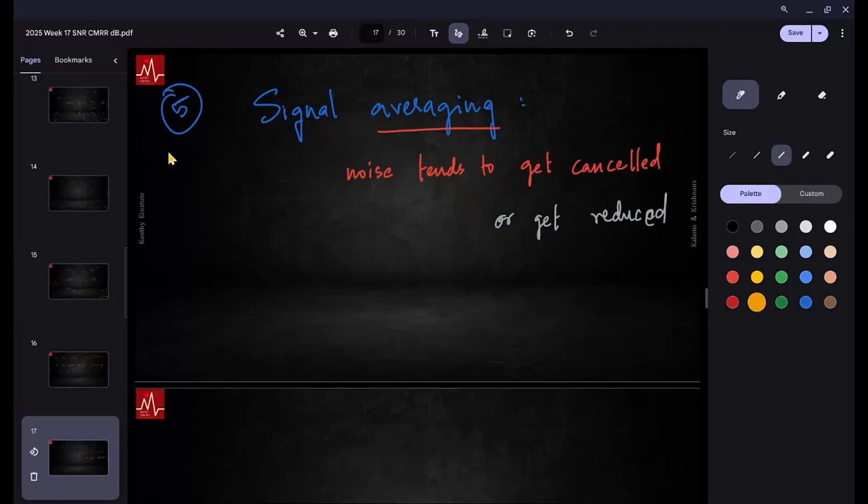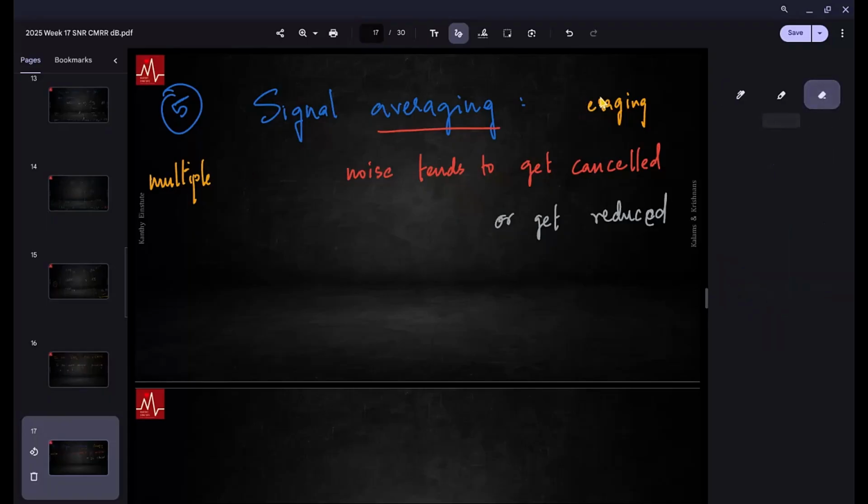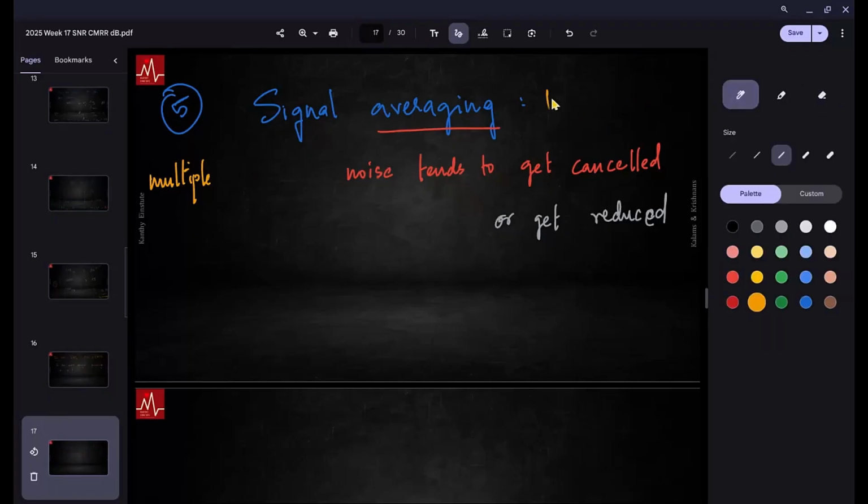And when does it happen? Averaging multiple data of the same signal.